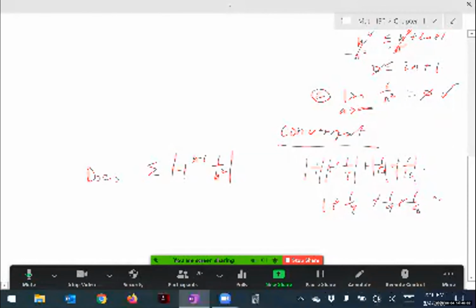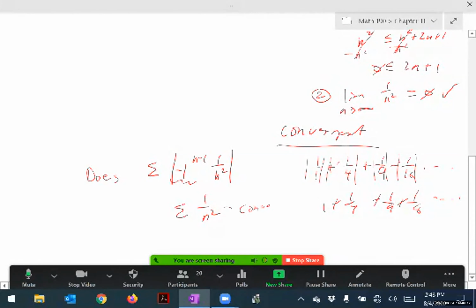So the absolute value series is just the sum of 1 over n squared. Does that converge? Yes, it does.